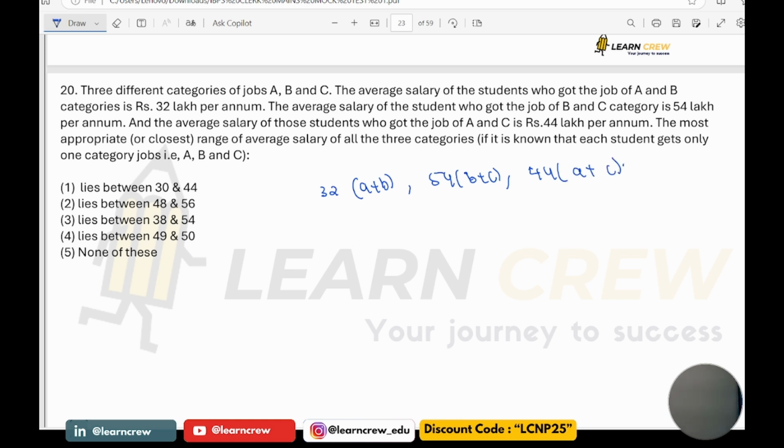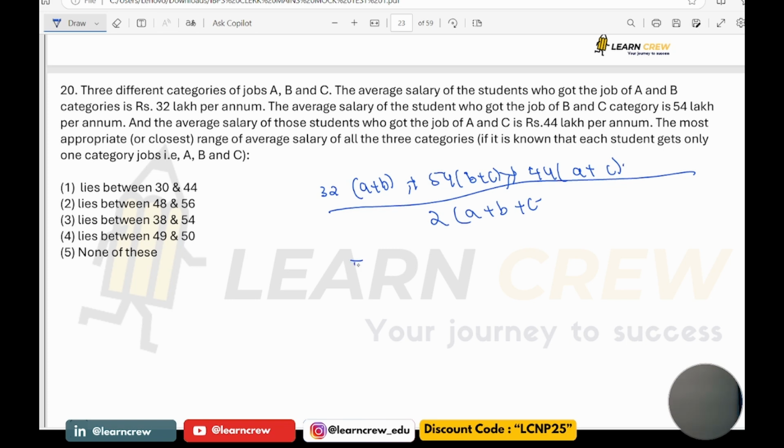Just take this sum and divide this by 2 into A plus B plus C. So how much am I going to get here?